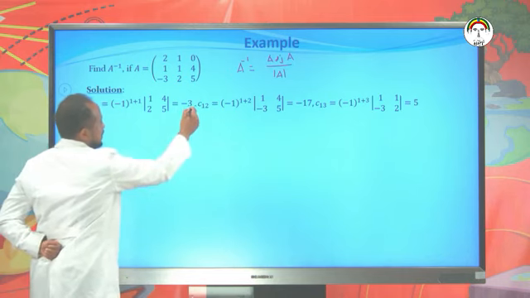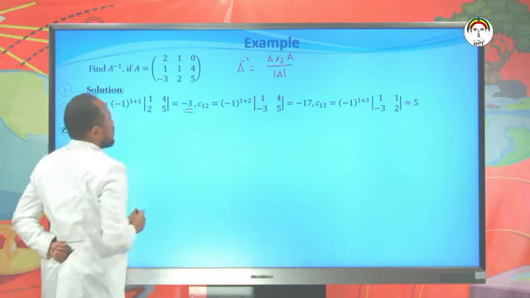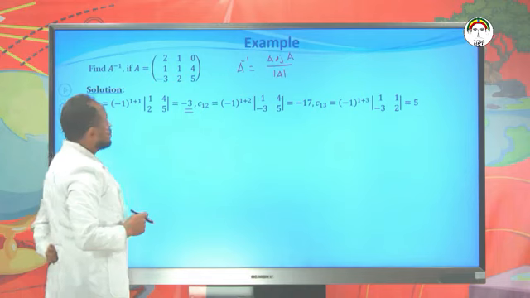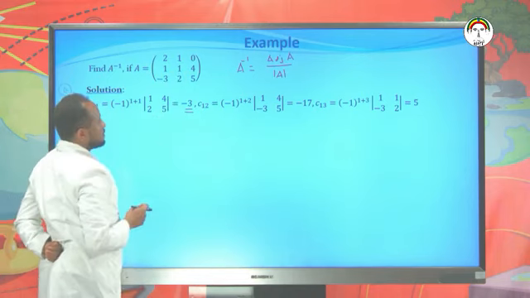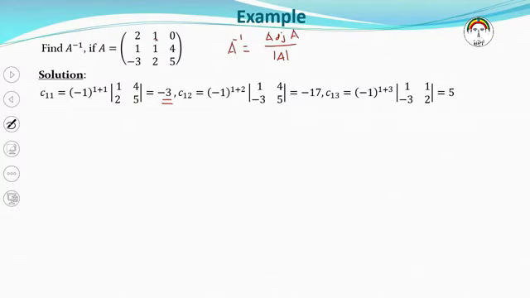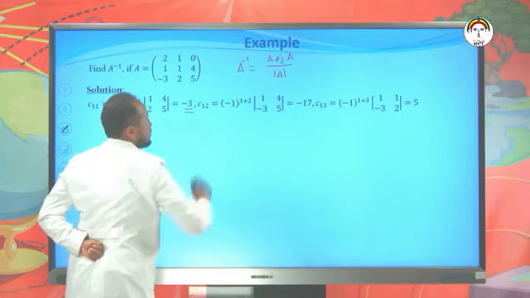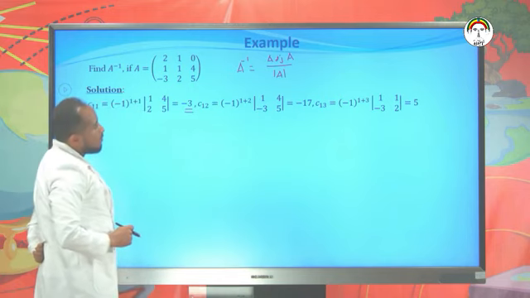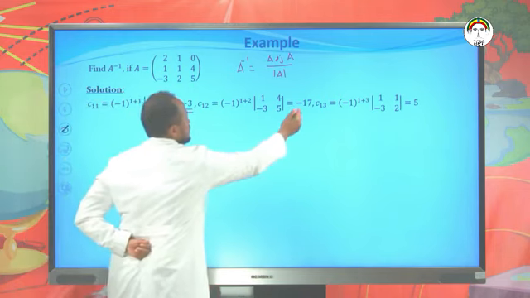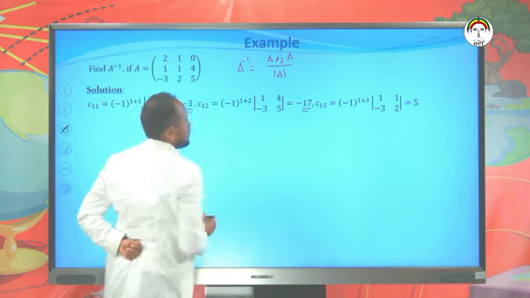It gives you negative 3. And the cofactor of 2, C12: simply delete this column and this row. You get 1, negative 3, and 4, 5, times negative 1 to the power of 1 plus 2. So this gives you negative 17.